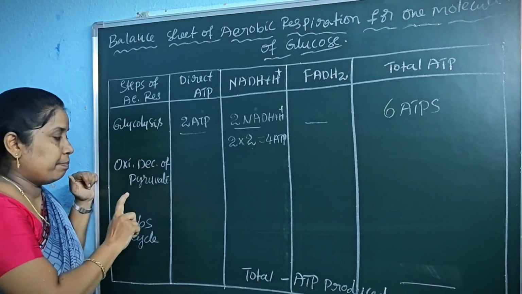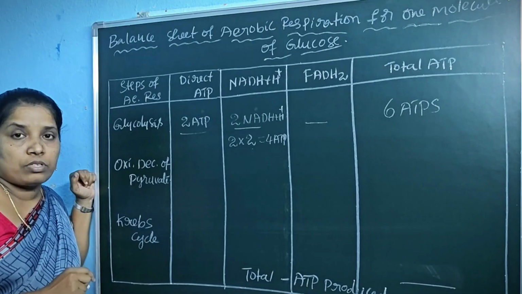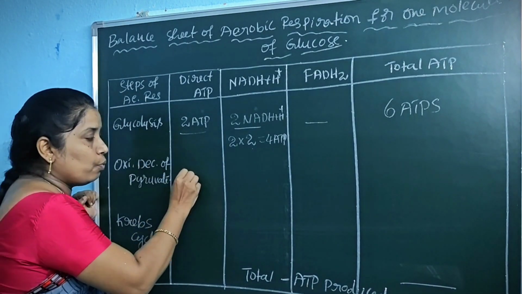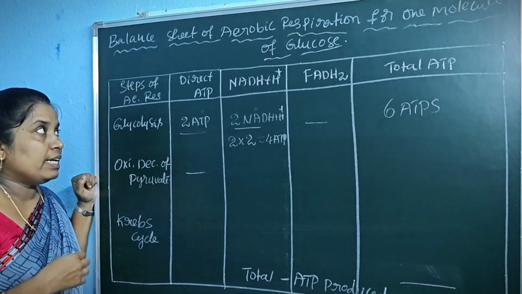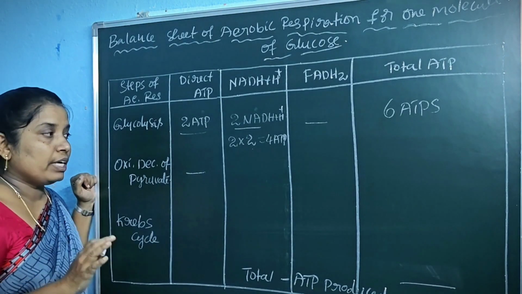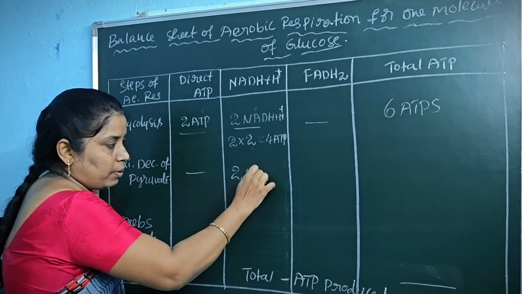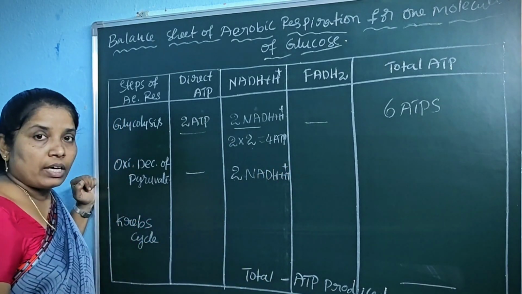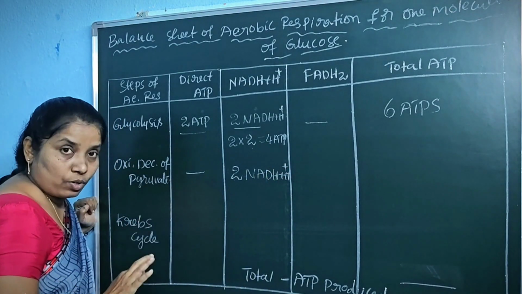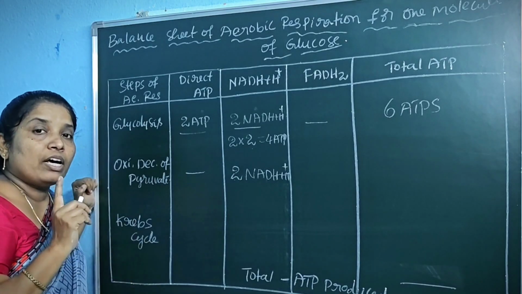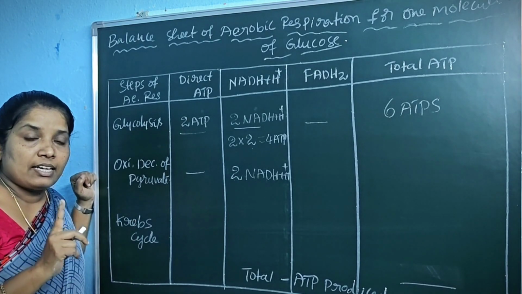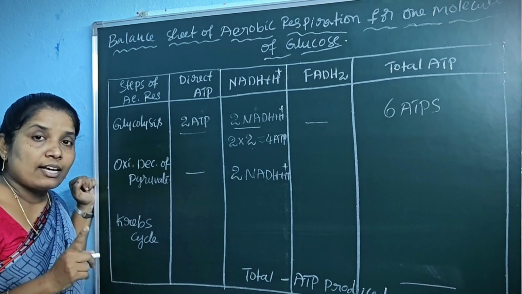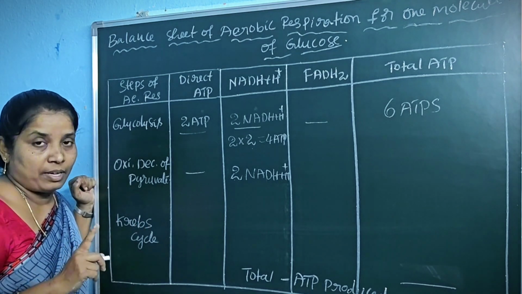Let's see step 2, oxidative decarboxylation of pyruvate. We didn't get any ATP directly, but we get 2 NADH plus H plus. This occurs in the mitochondrial matrix, so for every one NADH plus H plus we get 3 ATPs, because 10 protons are pumped into the intermembrane space.